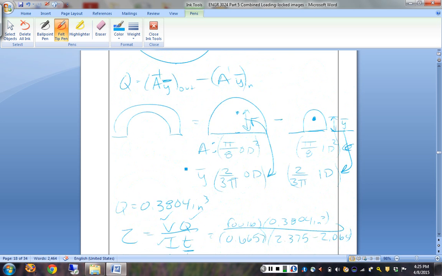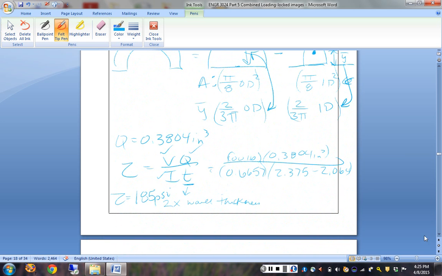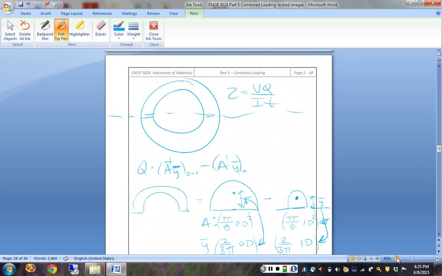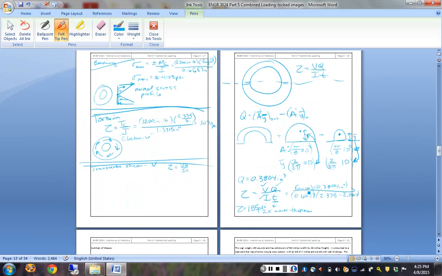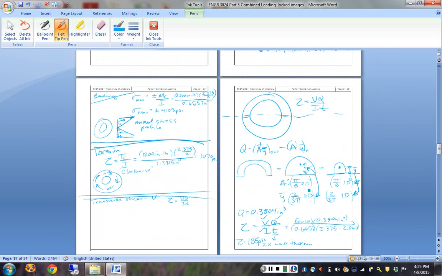I knew I was going to need lots of space. So now what does that look like in profile? We had clockwise for the other one. We've got compression at the bottom and tension at the top for that one.